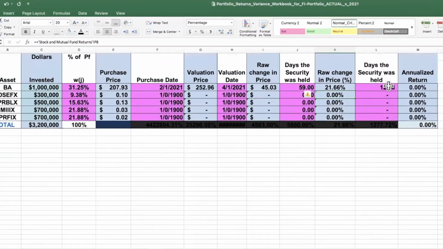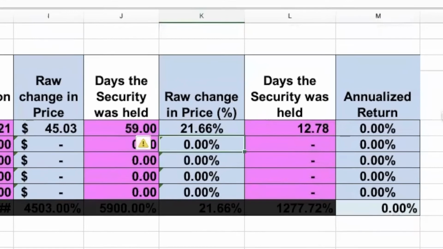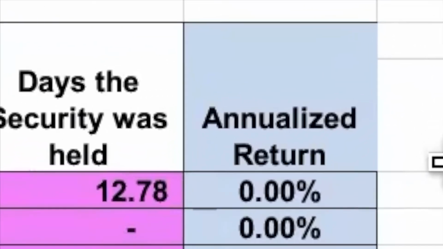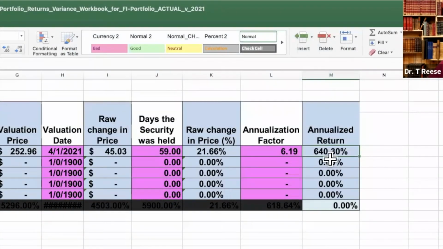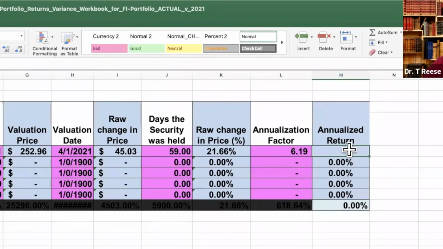The next thing we need to do is annualize our return. Now, how do we do that? The way to do it is to take the annualization factor times the raw change and divide that over the base price.